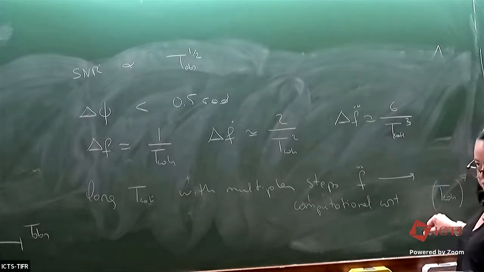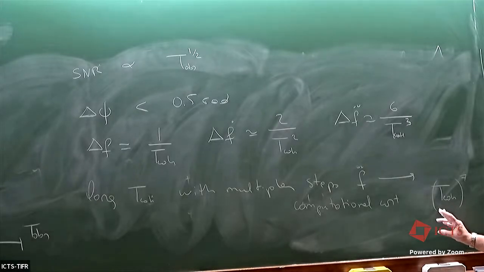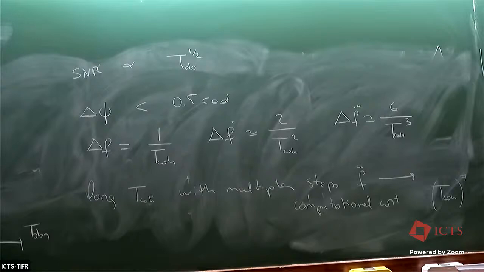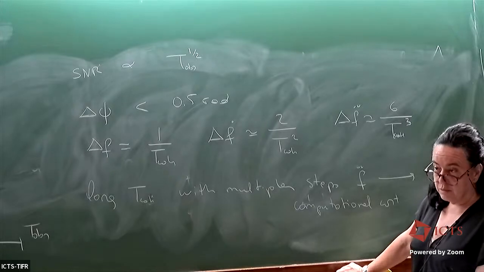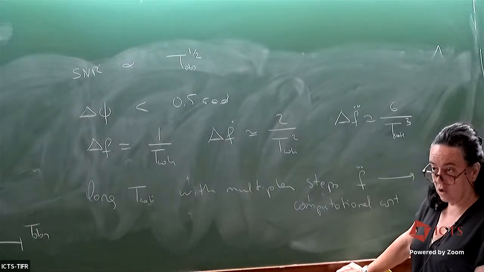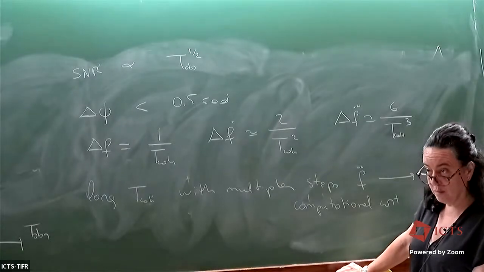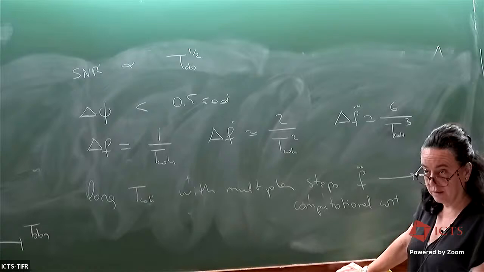So the cost of this search, as you see, rises rapidly for long T coherent. And depending on whether the object is young or old, you will have to include more or fewer frequency derivatives. So in the case, for example, of Cassiopeia A, this basically limits that one can only integrate coherently of the order of 10 days or a bit more, but not much more. And Cas A is a 300 years old pulsar.